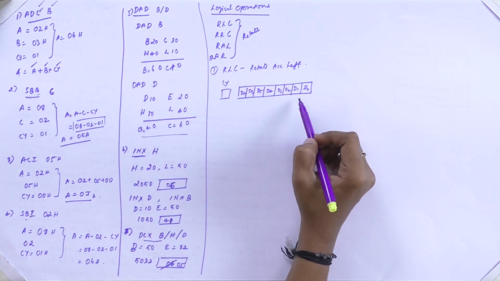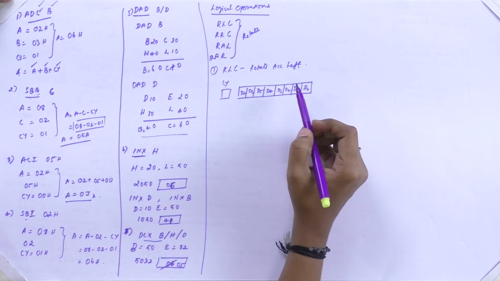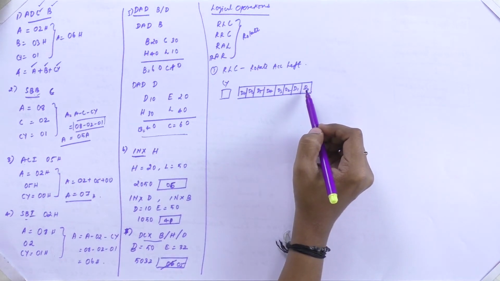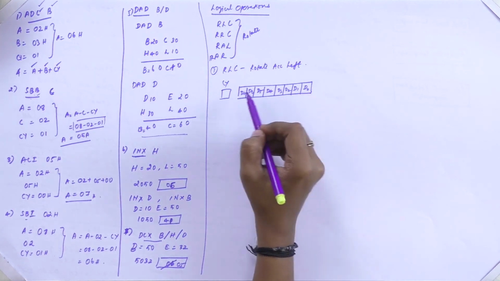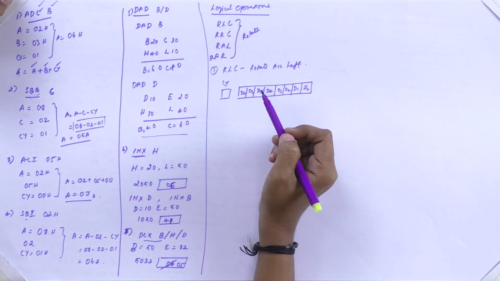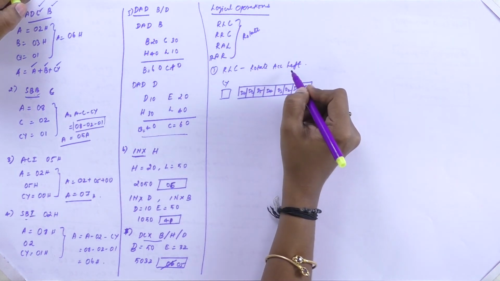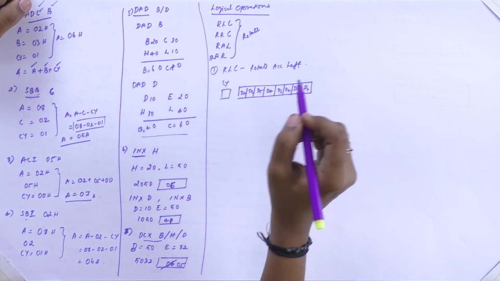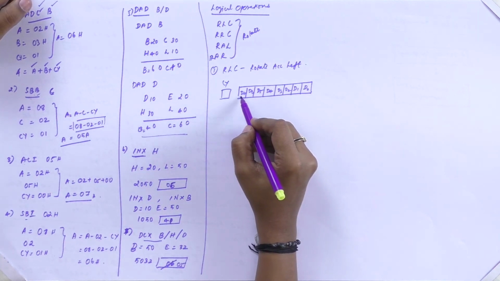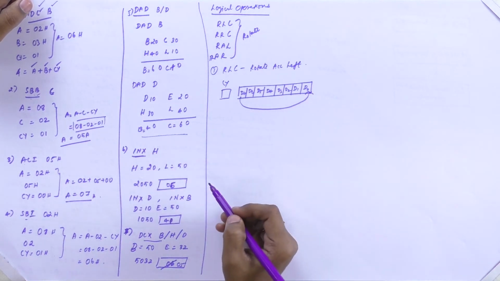Now consider this diagrammatic representation of a register. So this is the bit value of the corresponding register, and the bit value starts from D0 to D7, and this is the carry bit. If you execute this instruction RLC, rotate accumulator left, then this D7 will be rotated to the place of D0.